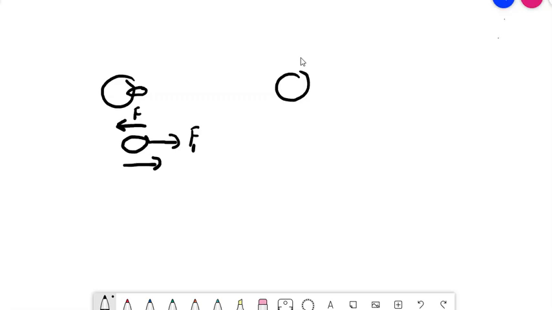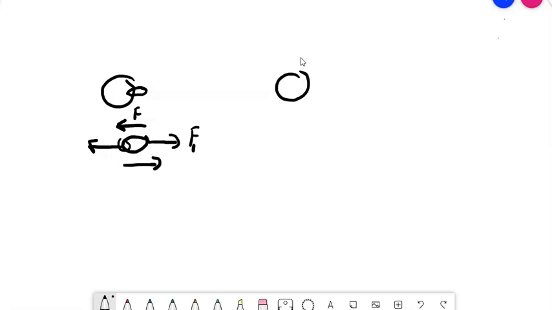So this end here has to get the same force. So there must be an opposing force in the opposite direction. It'll work up to the point where it may cause the chain or the link itself to deflect, but the end result is still the same.